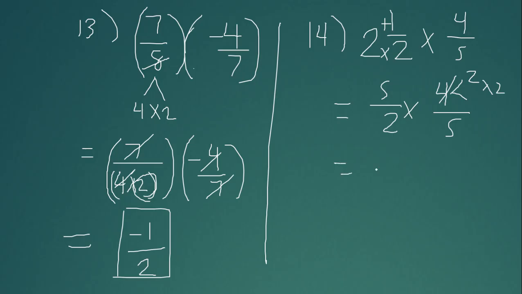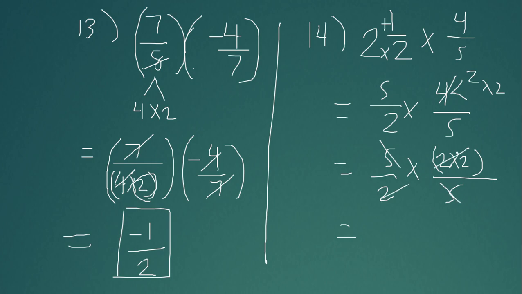So, use natin. 5 over 2 times, we have 2 times 2, and use the 5. Cancellation method, cancel, cancel, cancel, cancel. The answer is 2. Last one, number 15.